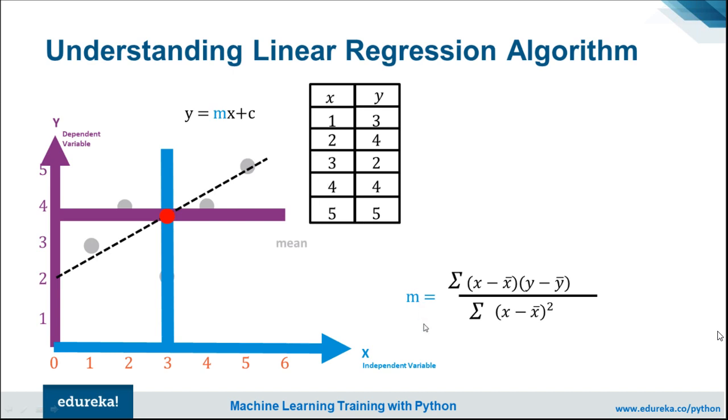So m would be calculated this way: summation of (x minus x bar) multiplied by (y minus y bar), divided by summation of (x minus x bar) squared. There is a whole mathematics behind it actually. If anybody is interested in a short, quick way, I can tell you. If you are good with mathematics, you might understand it quickly. You basically think of this as an equation where you keep m and c, and for each of these x-axis values you put them in, and these are the corresponding y values.